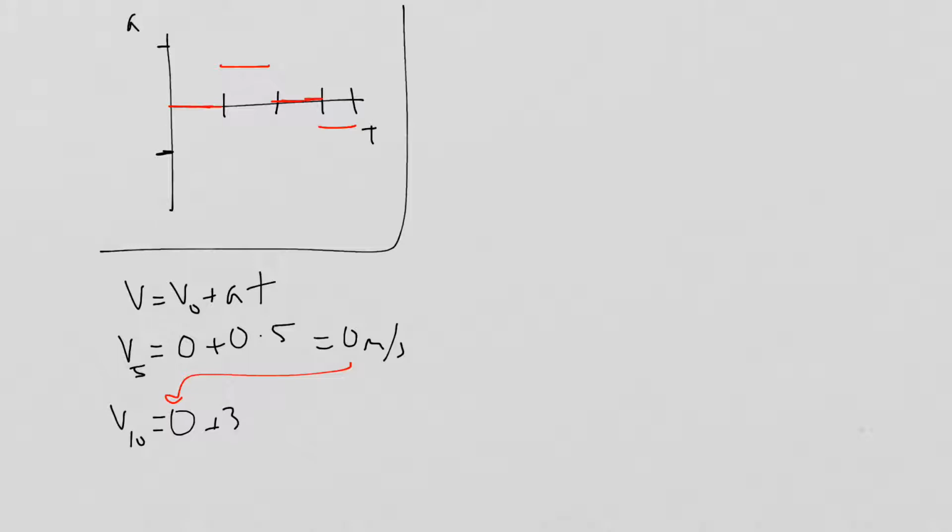Now we have an acceleration from what we found in part A, so we can plug that in, and we get 19.6 meters per second. So for V15, we start with what we ended the 10 seconds with, 19.6, and we have 0 acceleration from 10 to 15 seconds.